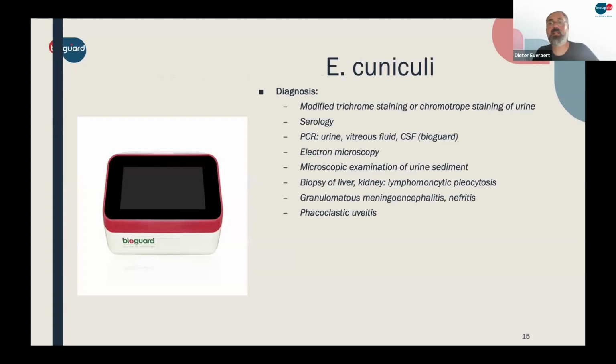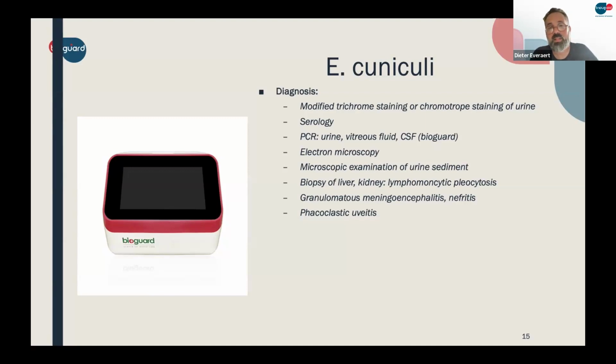So diagnosis for E. cuniculi, as said, can be tricky. Serology, IgG and IgM, are, according to me, the first or maybe second step to go. Our first step definitely is the PCR on urine. You can do it on vitreous fluid too, or cerebrospinal fluid. Vitreous fluid can be really interesting when you have an eye infection, so an eye with a cataract.